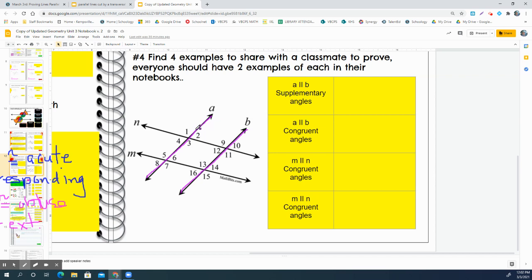So for instance, I would choose angle 1 and angle 10. So in my chat, I'm going to write 1 plus 10 equals 180. Now you can't use that example. You've got to use something else. So in your chat, you're going to do whatever your numbers are: angle what plus angle what equals 180.